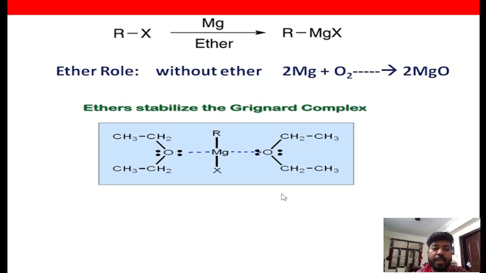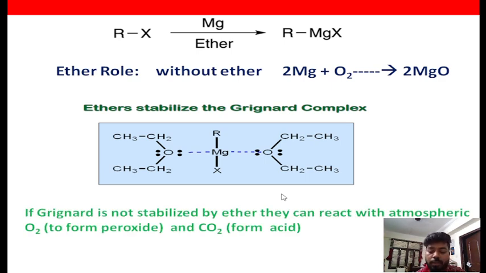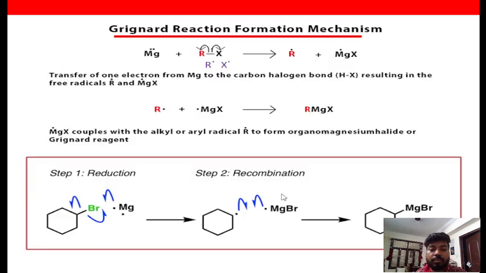What will happen if we are not using ether? The magnesium will be oxidized and become magnesium oxide. Even if the Grignard is not stabilized by ether, it can react with atmospheric oxygen to form peroxide, and with carbon dioxide to form acid.